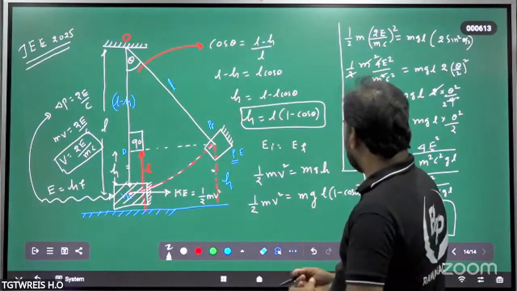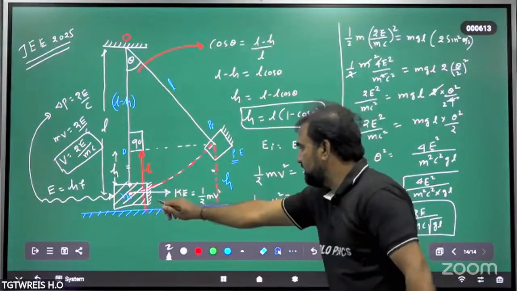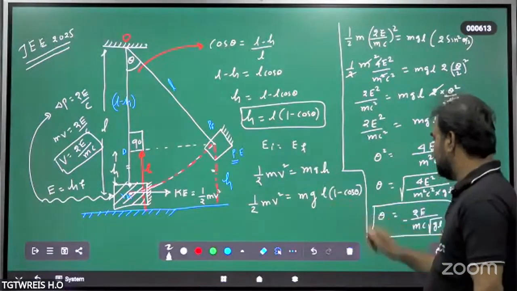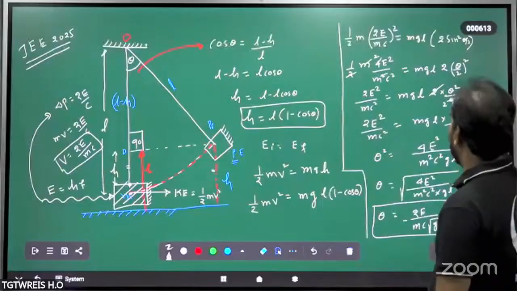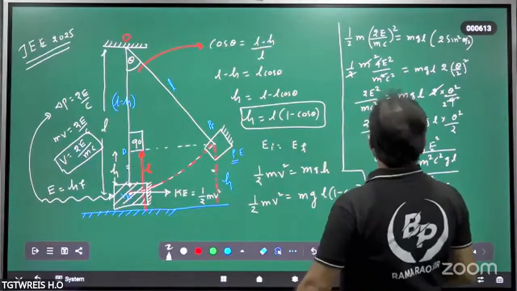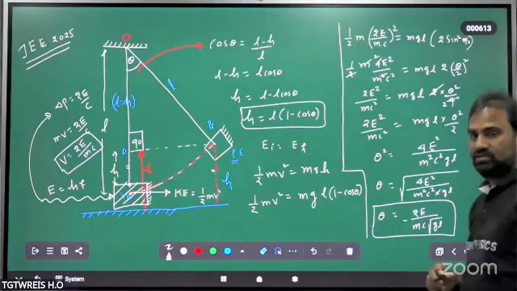So you can use the law of conservation of energy. Initial energy is equal to final energy. That is, initially the mirror has kinetic energy of half m v square, and potential energy mg into h, which we have calculated. Substitute the v value here and simplify. We get theta is equal to E upon m into root g.